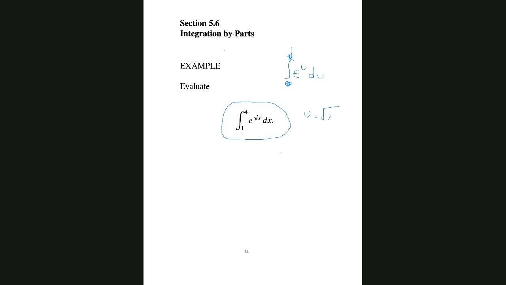That's the same, of course, as saying let u equal x to the 1/2 power. Because we know that we've got to simplify this integral. So let's go to the next page.